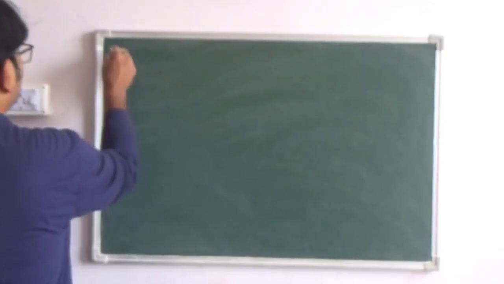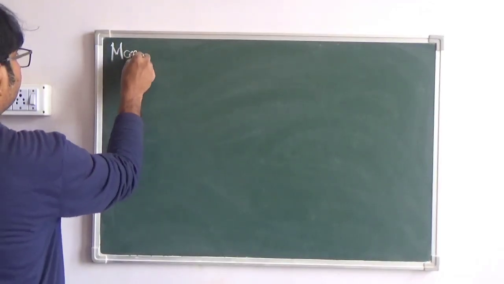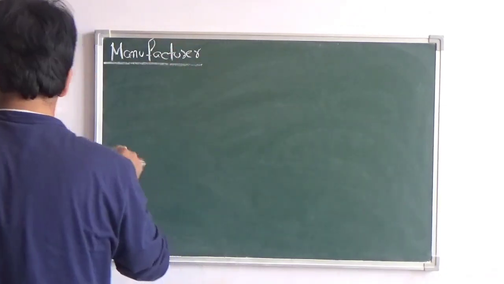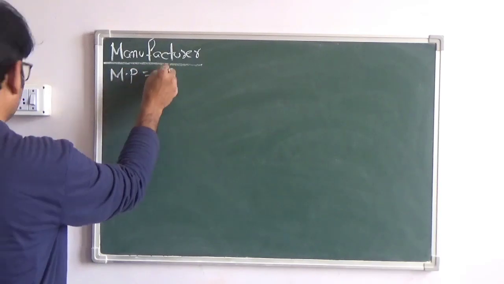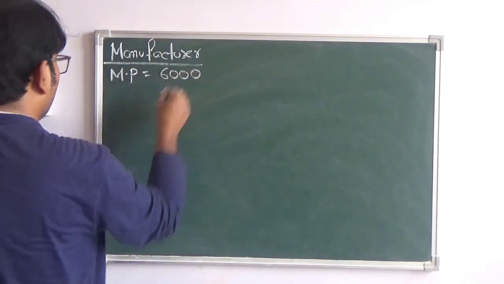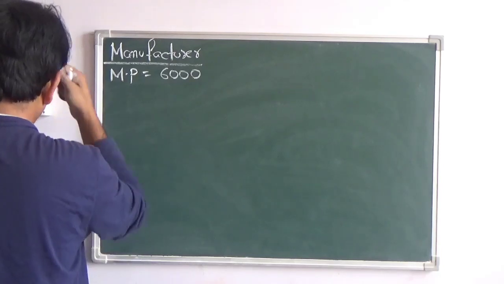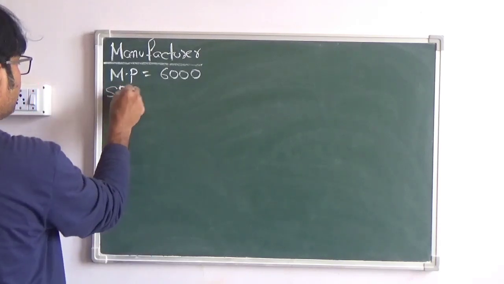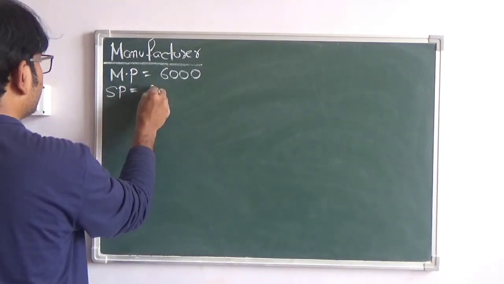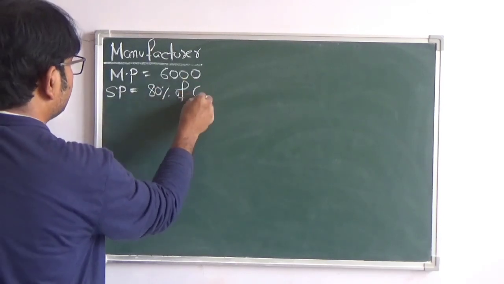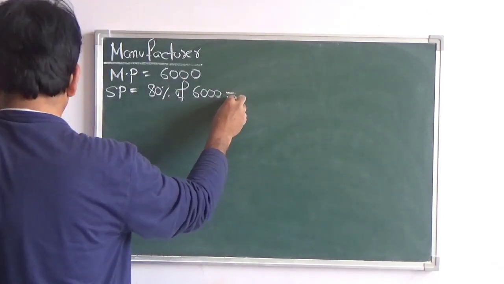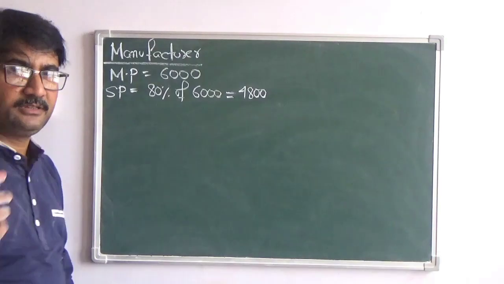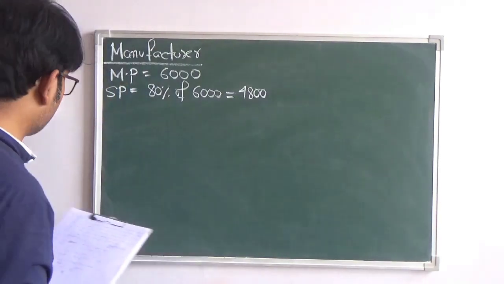The market price equals 6,000, and the article is sold at a discount of 20%. So the selling price is 80% of 6,000, and that comes to 4,800.